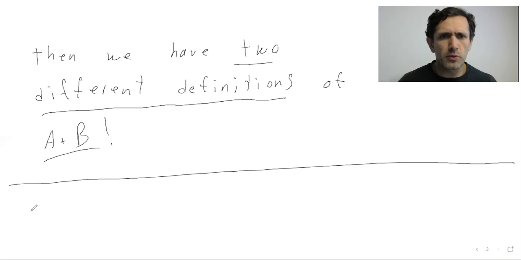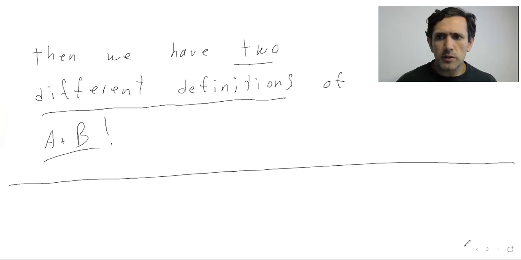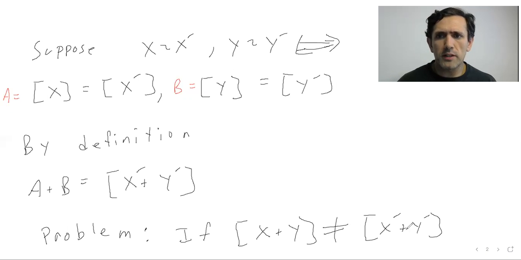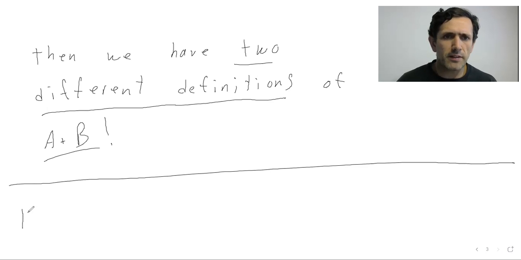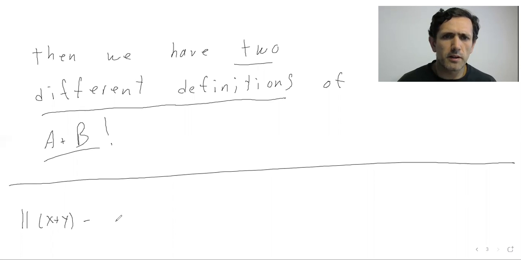So let's prove that these two are the same, which is the same thing as saying x plus y is equivalent to x prime plus y prime. Everyone basically got this right, so I was happy about that. What are we proving? x plus y is equivalent to x prime plus y prime. So by definition, we need to check that the norm of this is 0, which is pretty easy.